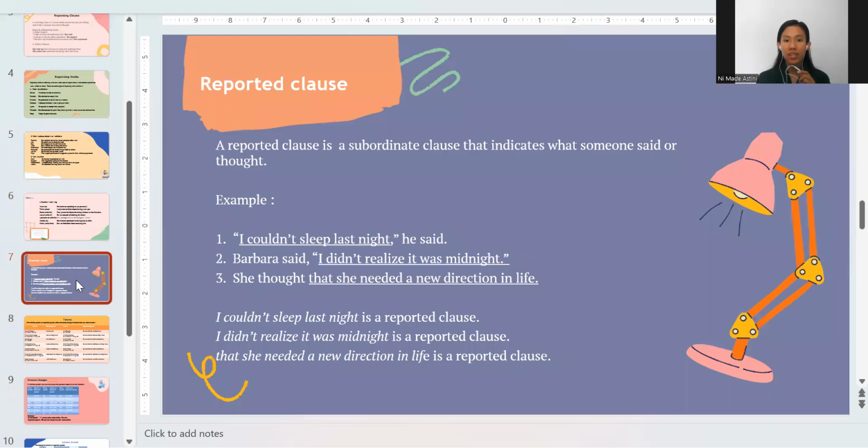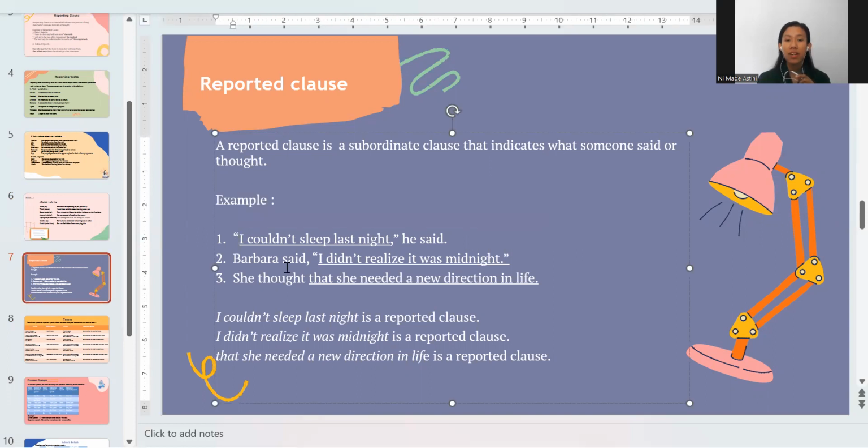The next one is the reported clause. A reported clause is a subordinate clause that indicates what someone said or thought. For example, "I couldn't sleep last night," he said. So the reported clause is "I couldn't sleep last night," which is the part being reported.